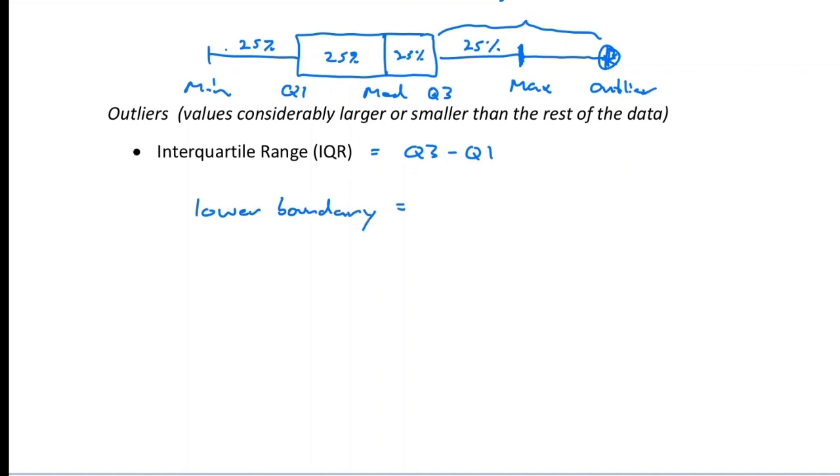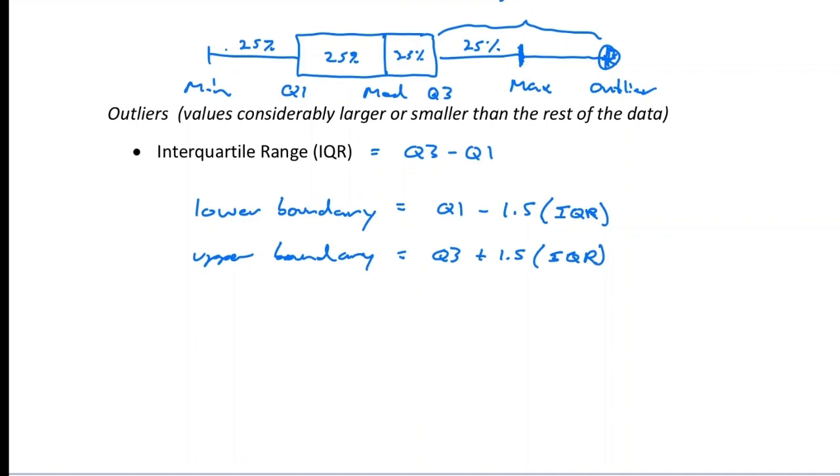So the lower boundary is found by taking Q1 minus 1.5 times the IQR. And then the upper boundary is found by taking Q3 plus 1.5 times the IQR.